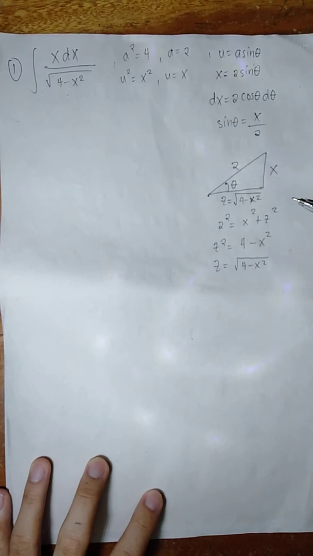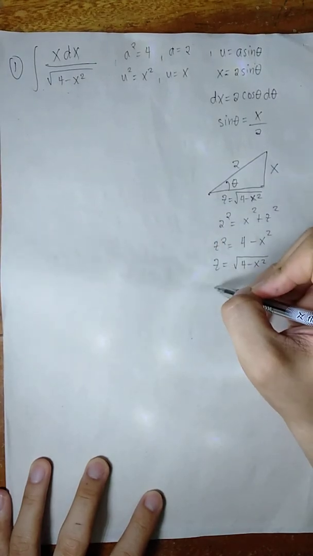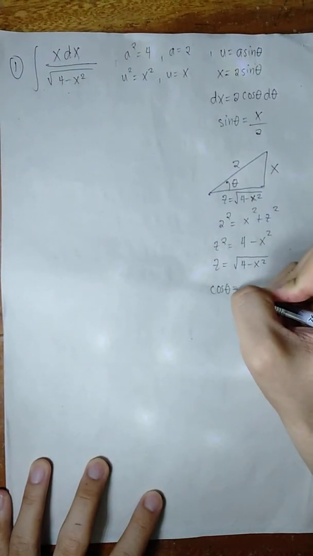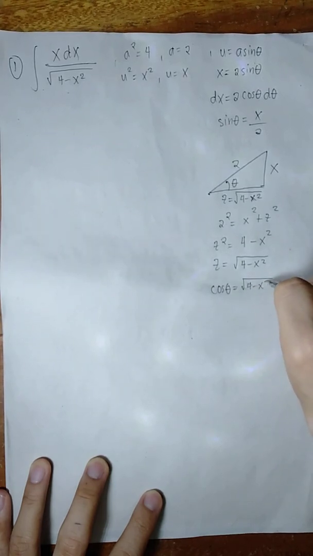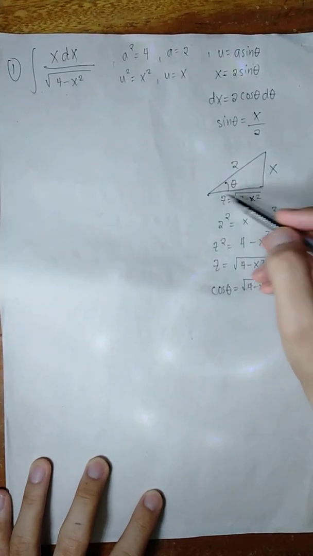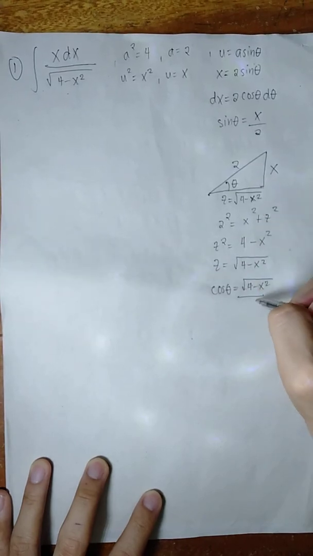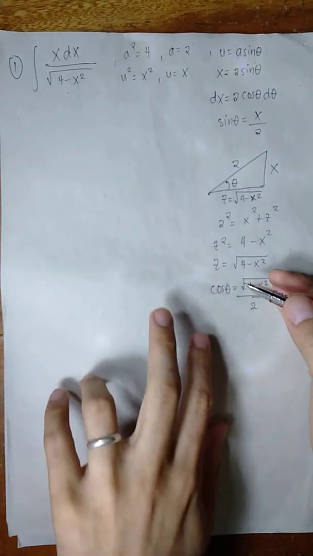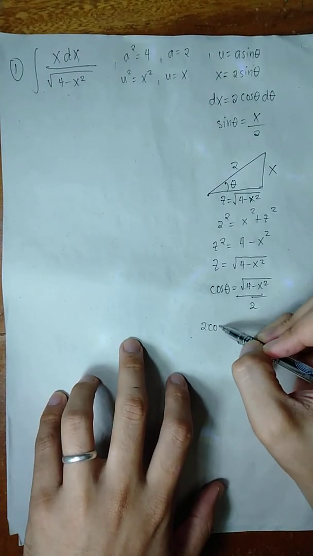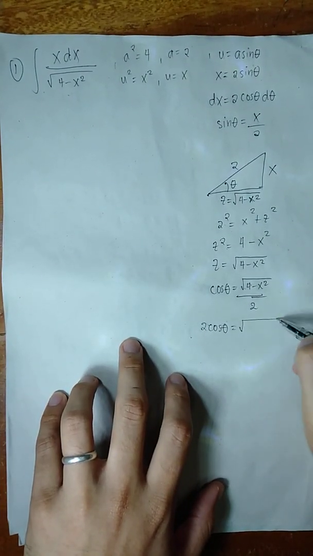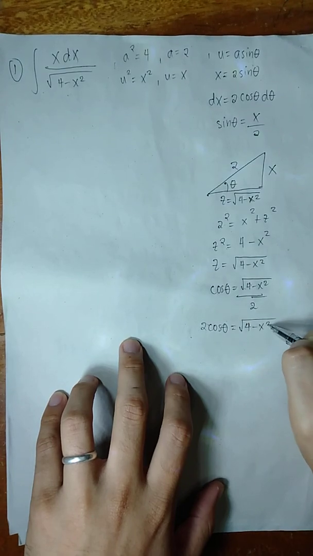Which trigonometric function? We could use cosine, right? Cosine theta is adjacent over hypotenuse, which is the square root of 4 minus x squared over 2. And if we cross multiply, 2 cosine theta is equal to the square root of 4 minus x squared.